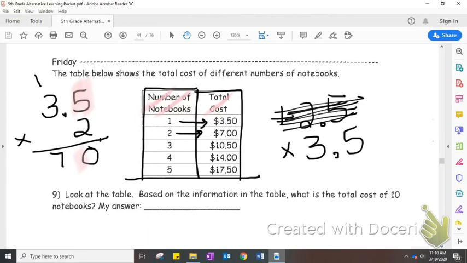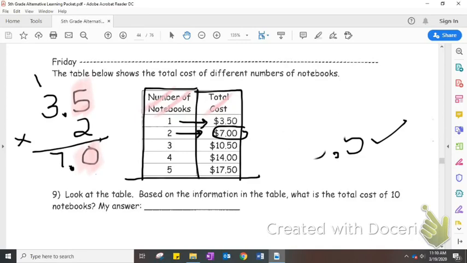So I just moved to a different location. Hopefully this works better. All right, anyway, this factor here has 1 digit to the right of the decimal point, which means my product should have 1 digit to the right of the decimal point. So I should get 7, which I got. So this method works.